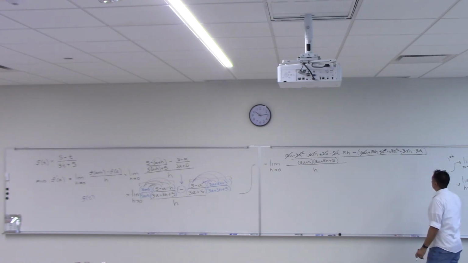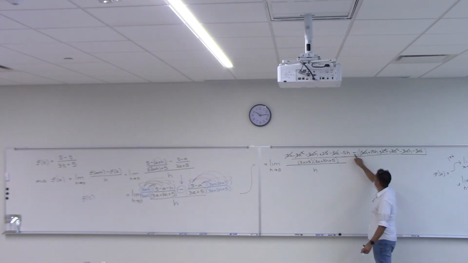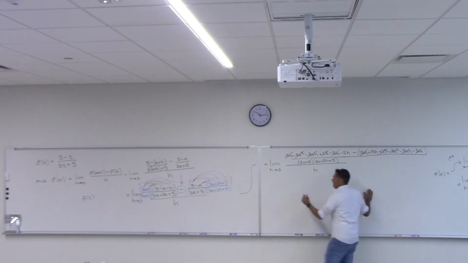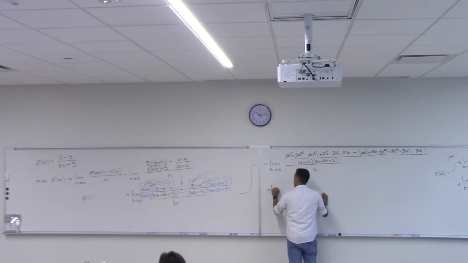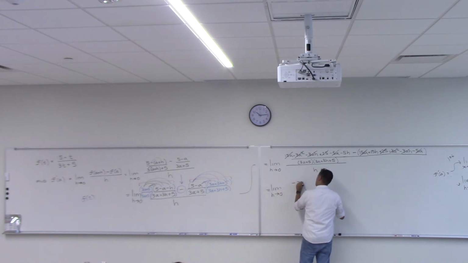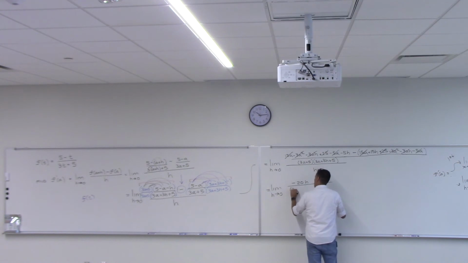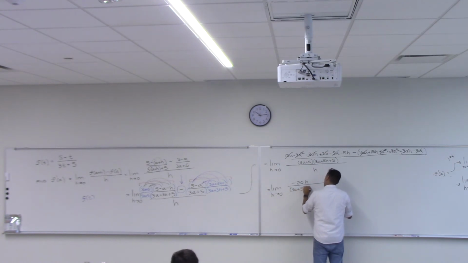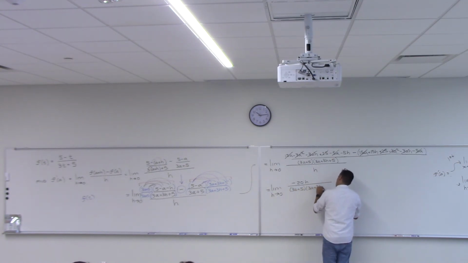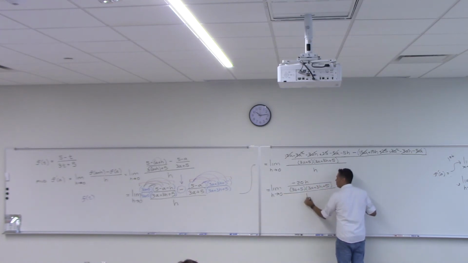So what's still up top? Minus 20h, right? Because you have a minus 5h minus the 15h. So I'm going to write this line. Limit h goes to 0. I have minus 20h over my common denominator, 3a plus 5, 3a plus 3h plus 5, and then all of this is over h.